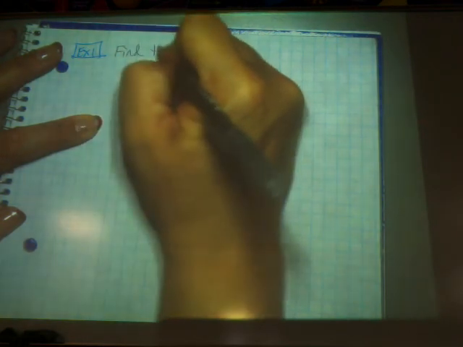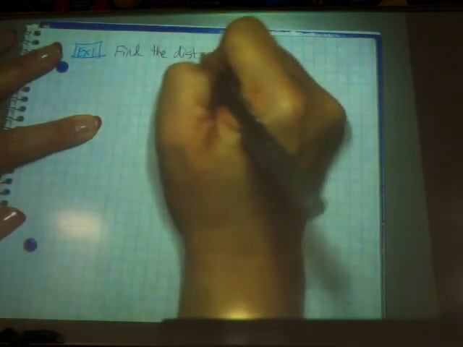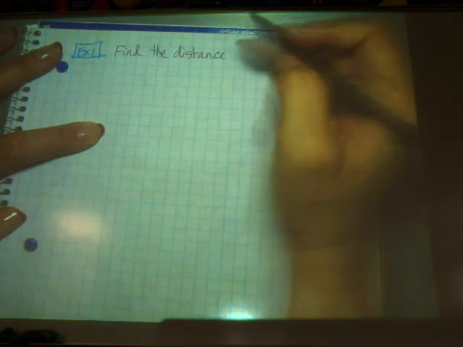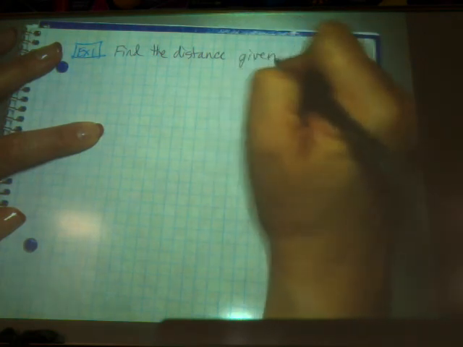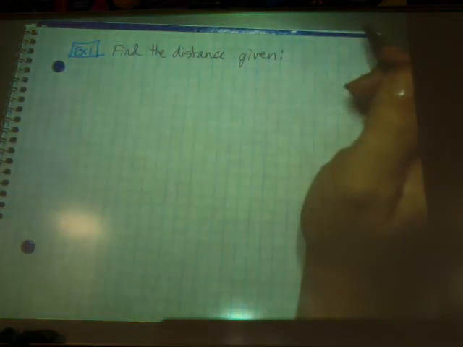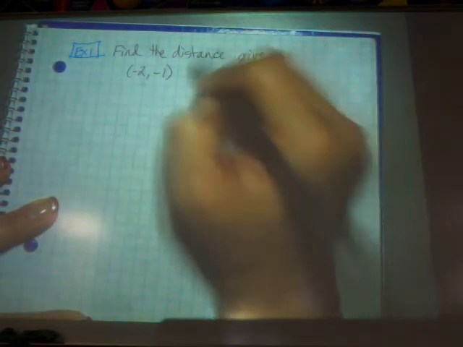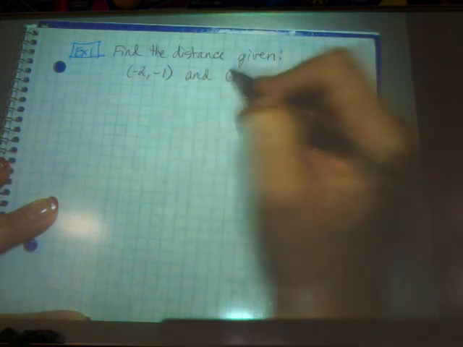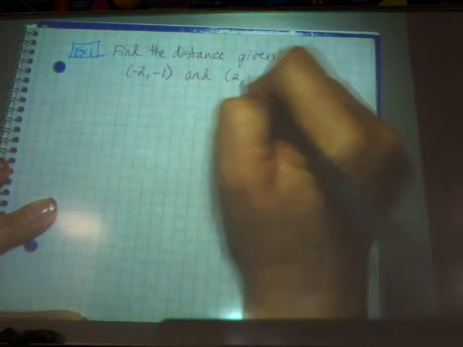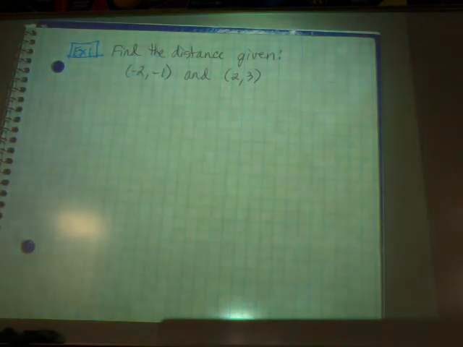Find the distance given the following 2 points. So your first point is -2, -1. Negatives are evil. They will be your downfall. And +2, +3. What's the first thing that you should do?